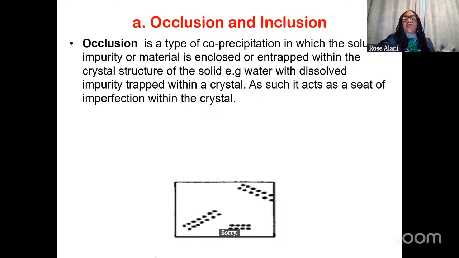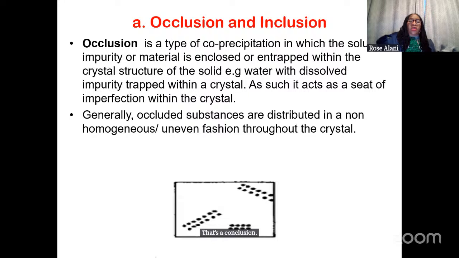Occlusion is a type of co-precipitation in which the soluble impurity or material is enclosed or entrapped within the crystal structure of the solid. Example, water with dissolved impurity trapped within a crystal. So as such, it acts as a seat of imperfection within the crystal. That's occlusion.